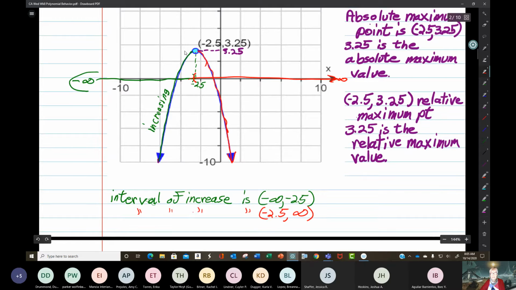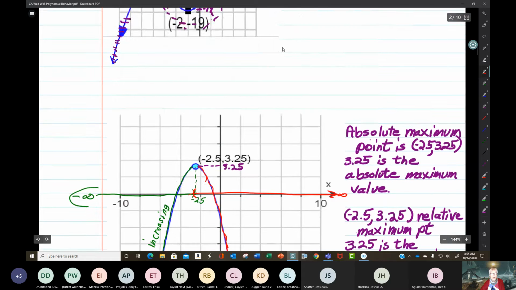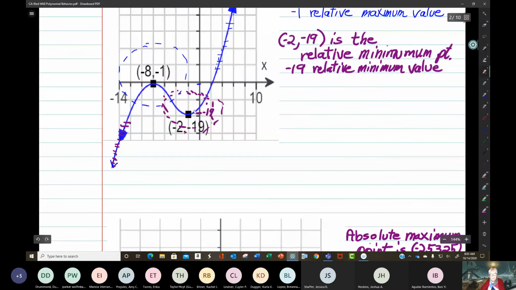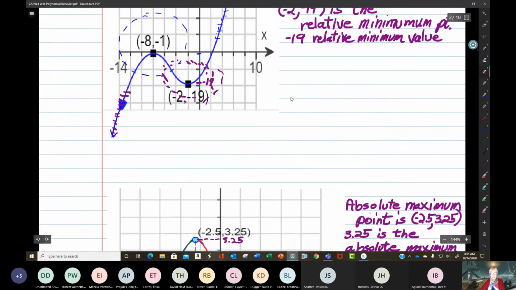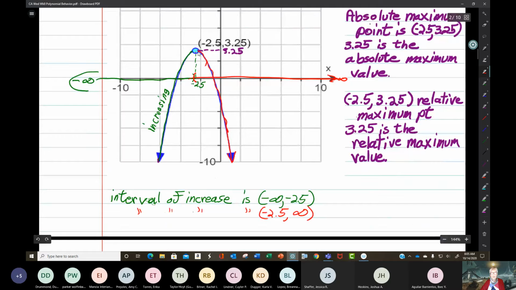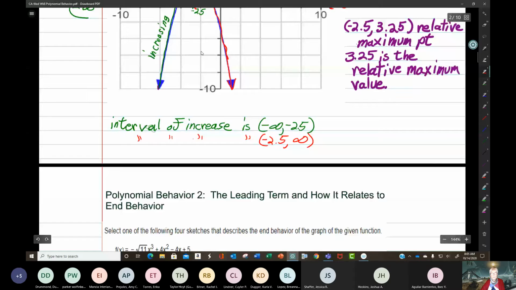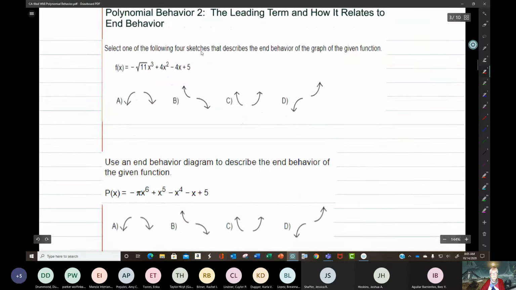Notice that the relative maxima and minima are the points at which increasing becomes decreasing, or decreasing becomes increasing. For that reason, these are also called turning points. So many names.